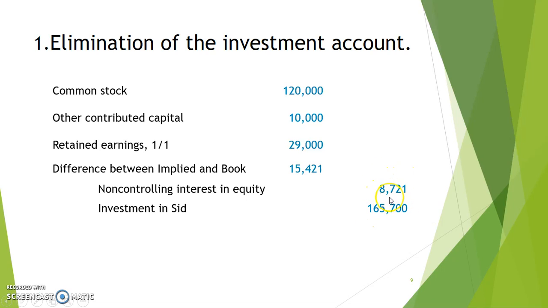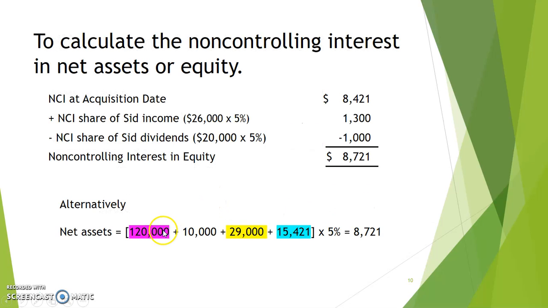which is the company's share of undistributed profits since acquisition. Now let us just spend a few seconds looking at how we calculated this 8,721. Now remember, your net assets would have comprised 120 in common stock of the sub, 10 in other contributed capital, the beginning retained earnings of the sub was 29,000, and the difference between the book value and the fair value of the net assets was 15,421.